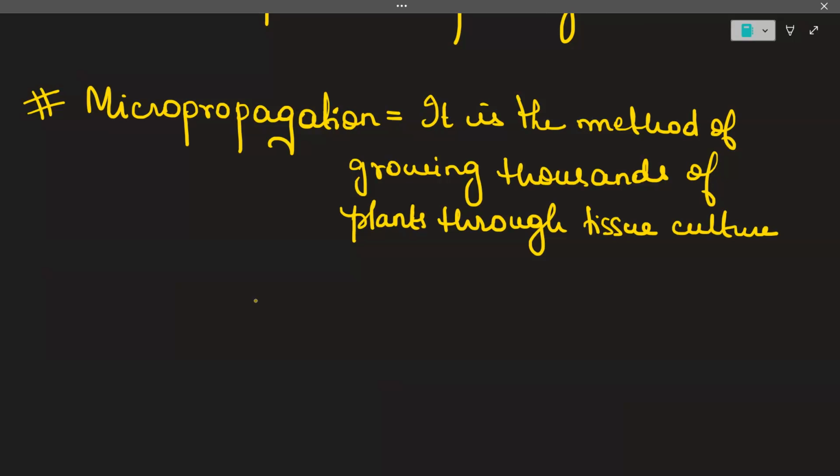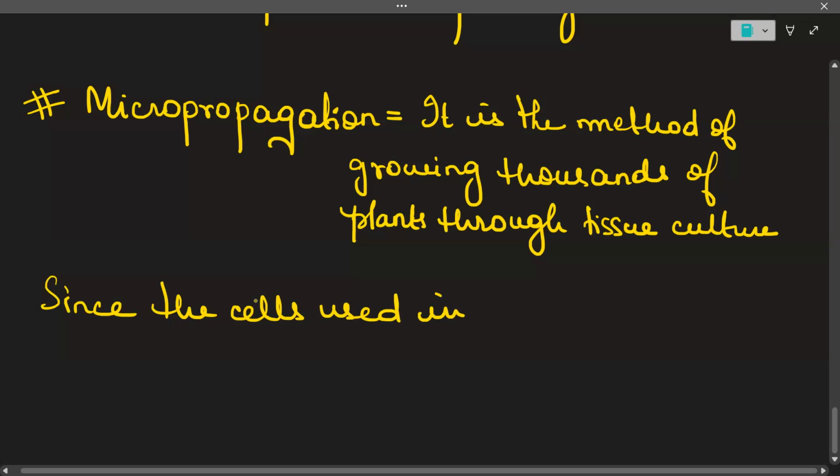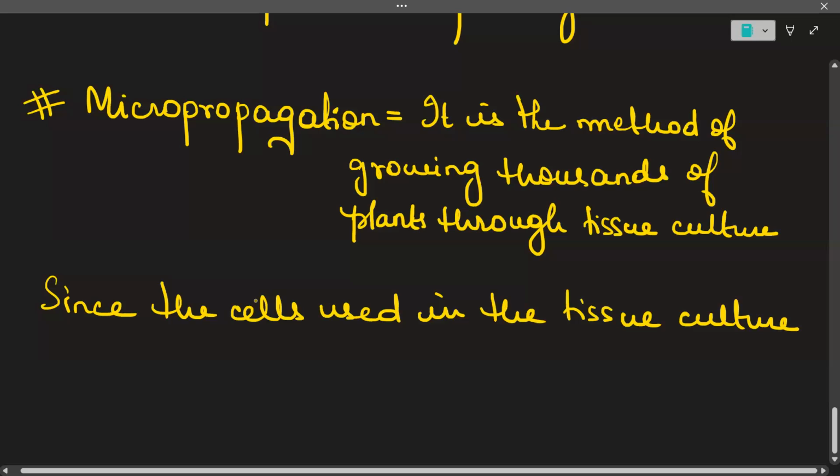Yes, ma'am. Now see, if I talk about micropropagation, or if I talk about tissue culture in general, can you tell me which part of the plant you are using? Is it the somatic cell or the germ cell? Think and answer. Can you repeat the question?